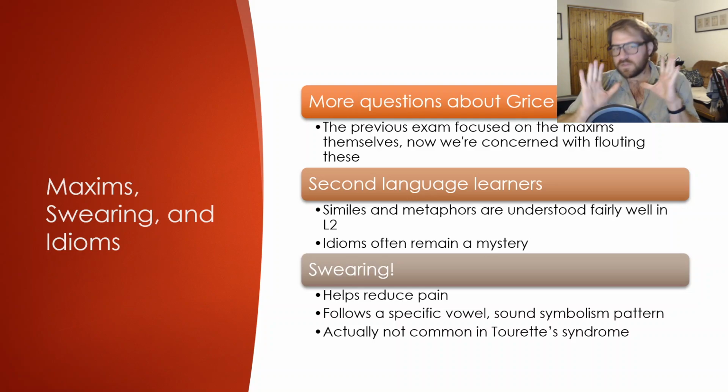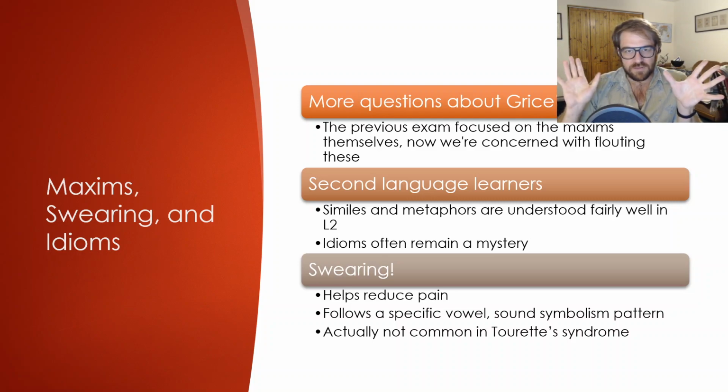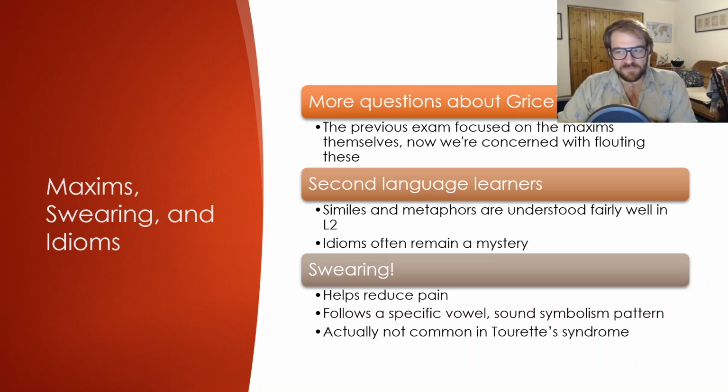Idioms, though, don't ever really seem to make sense to a second language learner. This is the kind of thing like easy as pie, which I was going to use for a simile just now, but I think it's more of an idiom. It uses the structure of a simile, but I guess pie is easy to cut through.